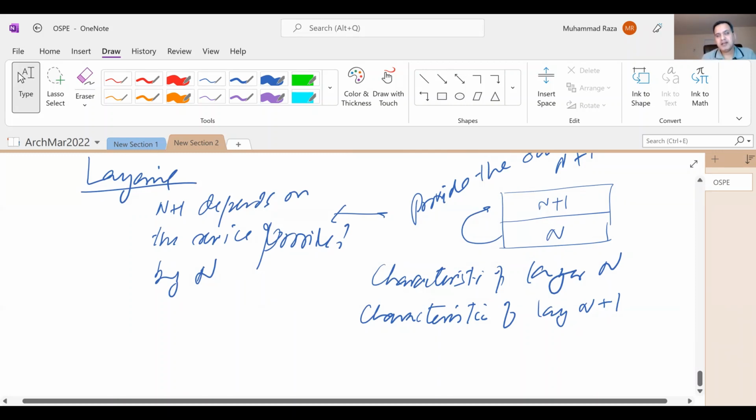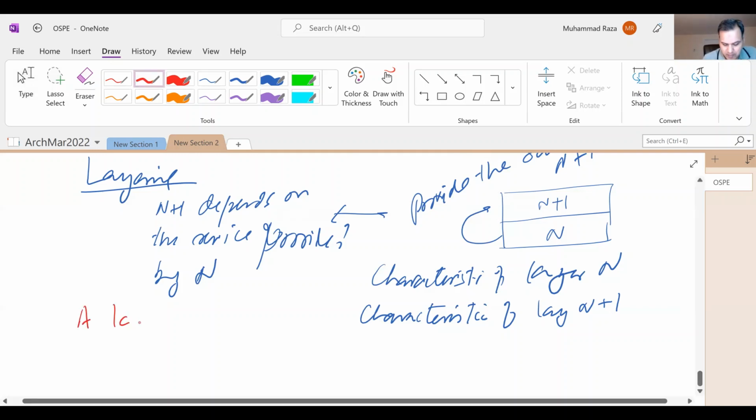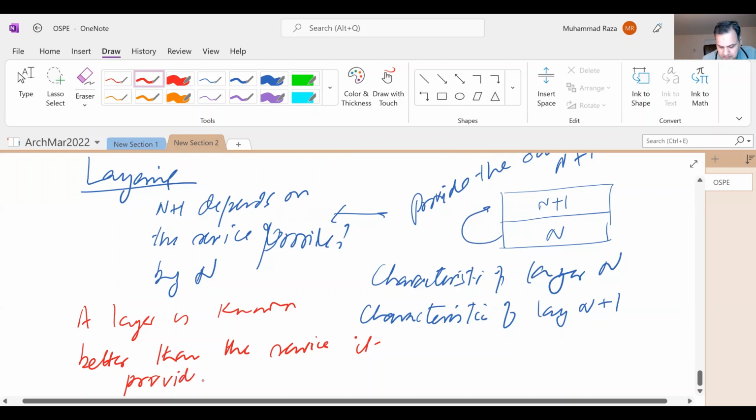In a layered system, a layer is known by the service it provides, not by the service it takes, than the service it avails.